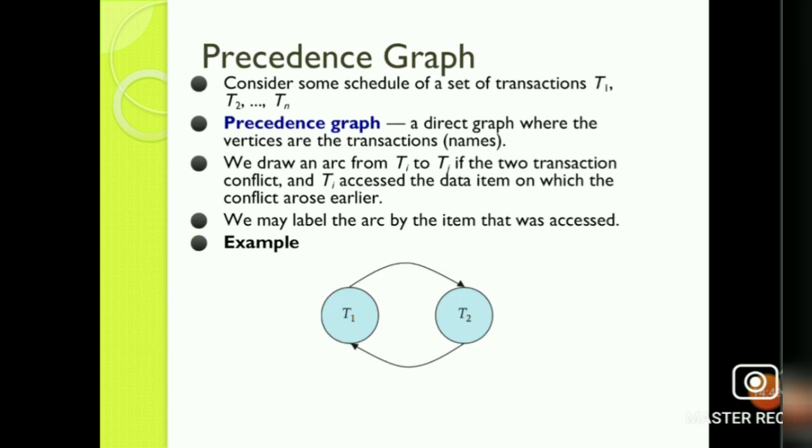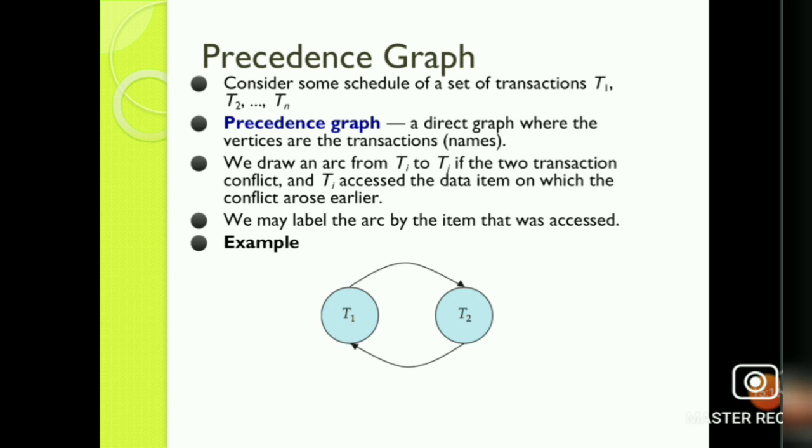Conflict serializability can be easily identified by drawing a precedence graph. A precedence graph is a directed graph where the vertices are the transaction names, and we draw an arc from one transaction to another if the two transactions conflict and Ti accesses the data item on which the conflict arose.